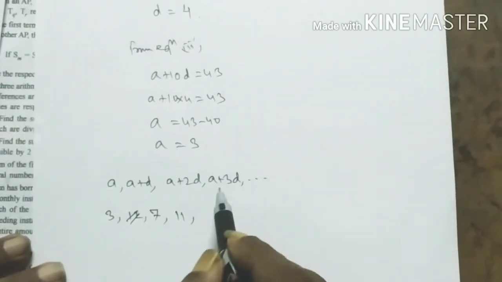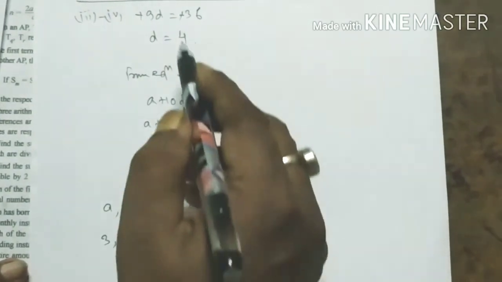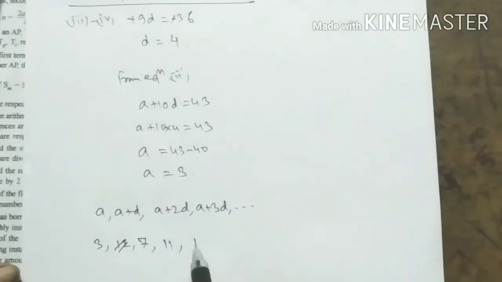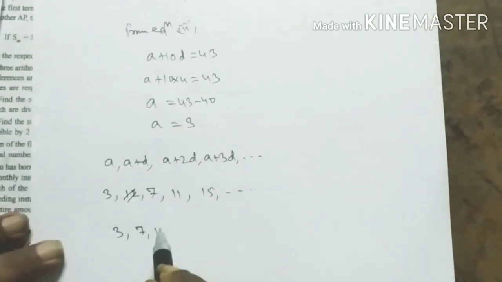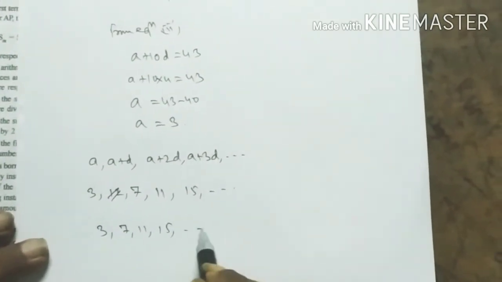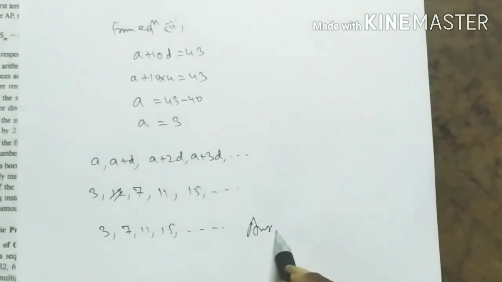And again 3 fours are 12, 12 plus 3 comes to be 15. That is 3, 7, 11, 15, and so on. This is your answer.